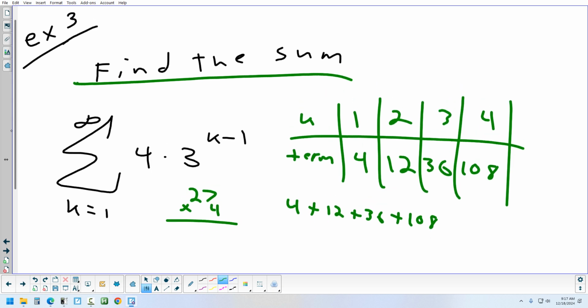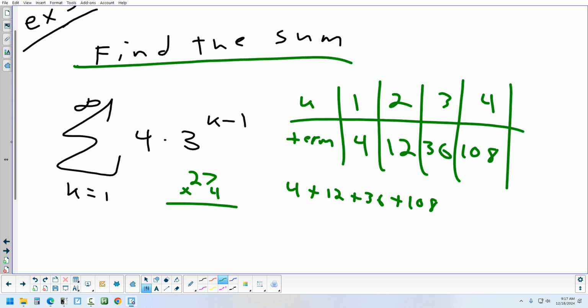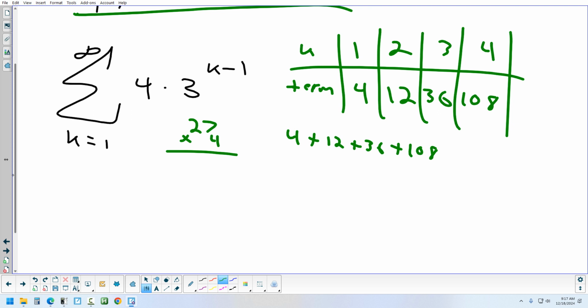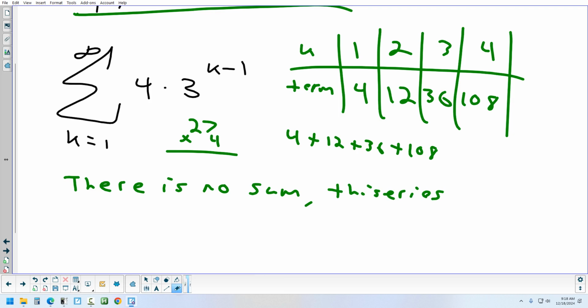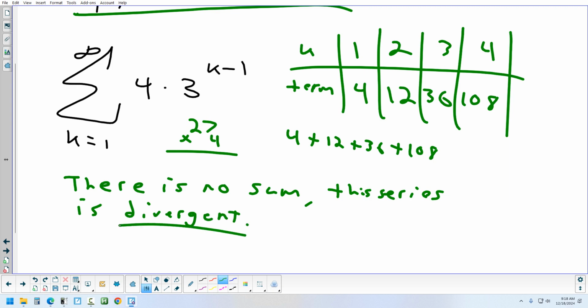So when they ask you to find the sum here, it doesn't add up to anything. So there is no sum. And what we say here is this series is divergent.